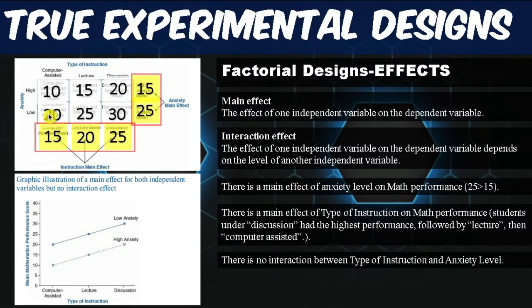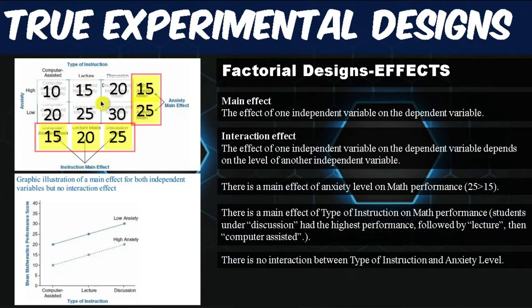But how do we interpret it without using the graph, just using the scores here? If we look at the pairs of numbers here, for example, under computer assisted, the scores are 10 and 20. Actually, the gap is 10, and we see that students with low anxiety have the higher score or higher performance.